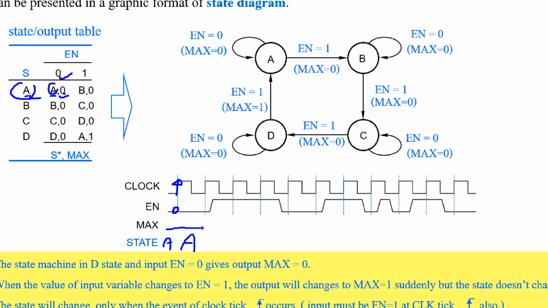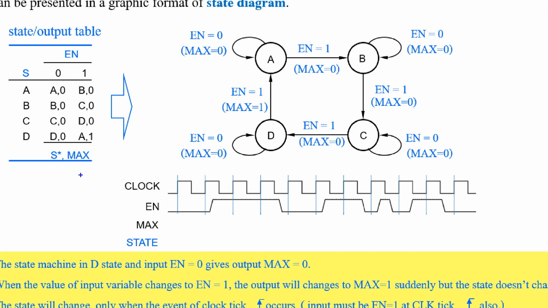It's okay, but maybe it's because you must look at the next state column and output column, okay? Alternatively, but maybe that makes you confused sometimes.